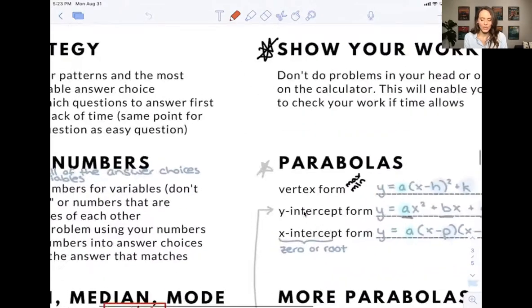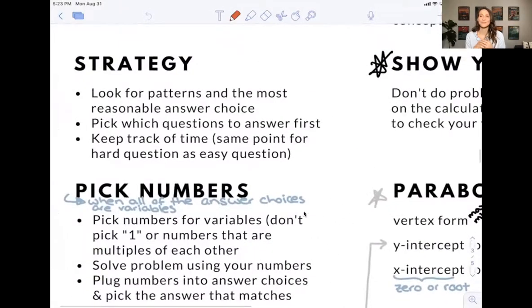Strategies. Throughout the SAT, for each section, there are strategies for each one. For math, it's particularly important for you to have strategy in mind because they don't weight the question. So you're going to get the same point for an easy question as you're going to get for a hard question.